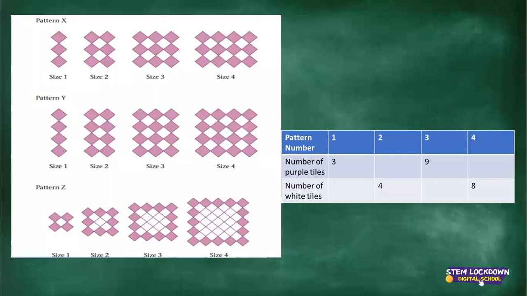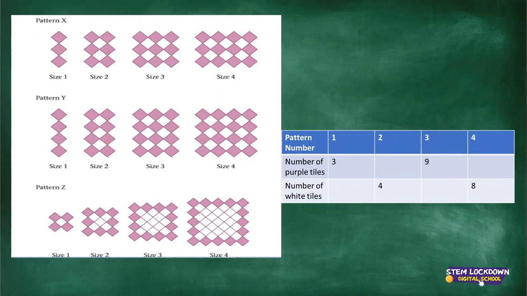All right, you notice on the first size, there's only 4 purple tiles, no white tiles. Size 2, we have 2 units of 4 purple tiles. On size 3, we have 3 units of 4 purple tiles. And on size 4, we have 4 units of 4 purple tiles.